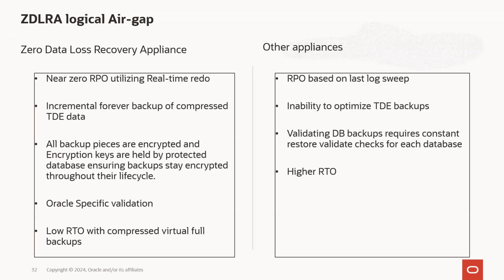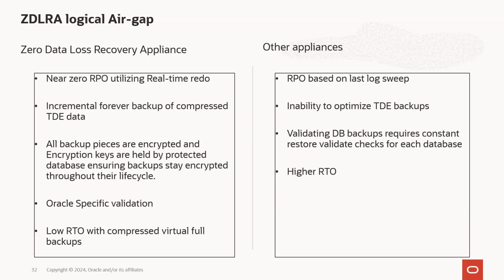You're going back to that virtual full backup that is less than 24 hours old and compressed. So it's less network traffic. So that really helps with the restore and recovery time of the database. So for other appliances, as I said, the RPO, that recovery point, is based on the last log sweep.